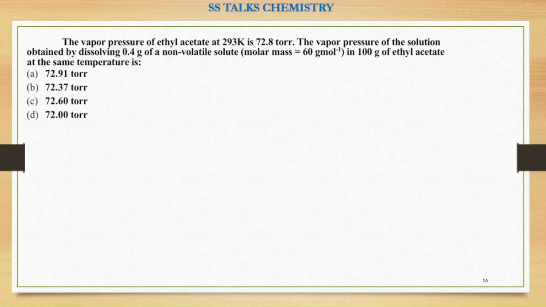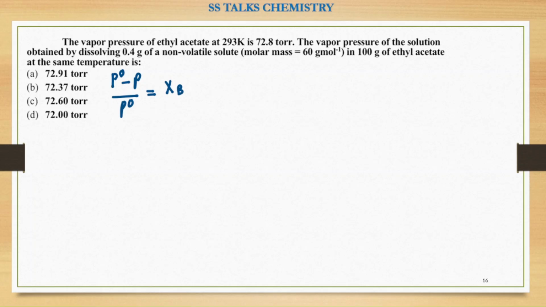So here the concept of relative lowering in vapor pressure will be used. We know that the relative lowering in vapor pressure, (P naught minus P) upon the initial pressure P naught, is equal to the mole fraction of the solute.